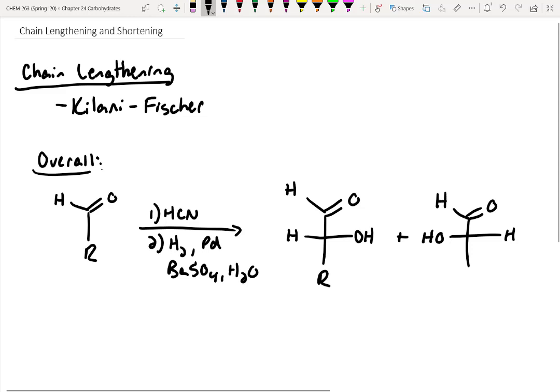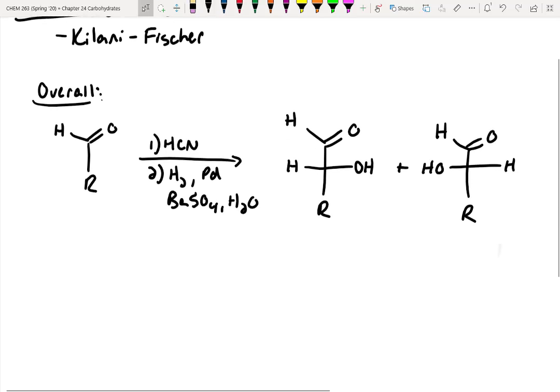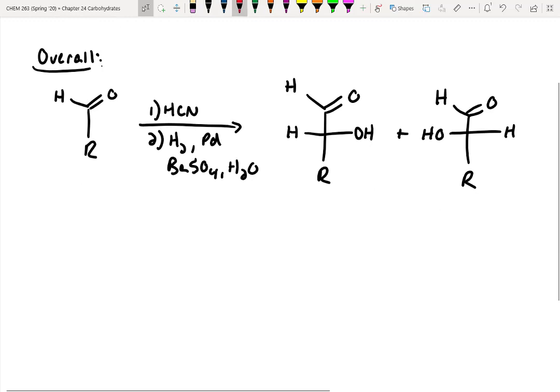So we get two different products out of this. And these would be an example of epimers, meaning they're diastereomers that differ only at this top stereocenter. So this top stereocenter is different for both of these, but the rest of the stereocenters are going to be exactly the same in that R group tail underneath.